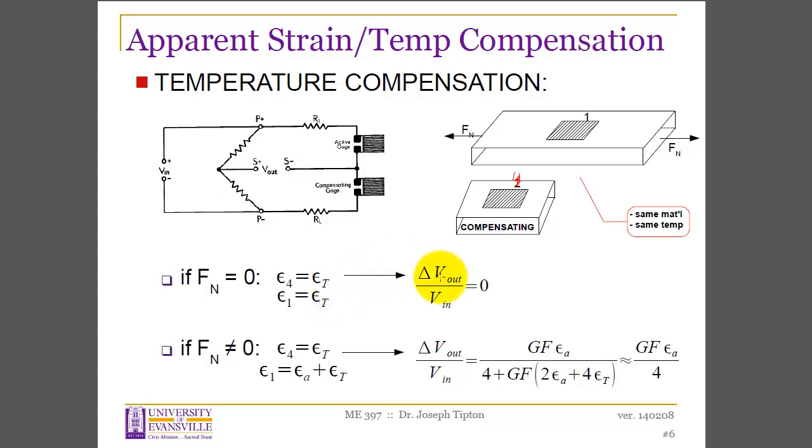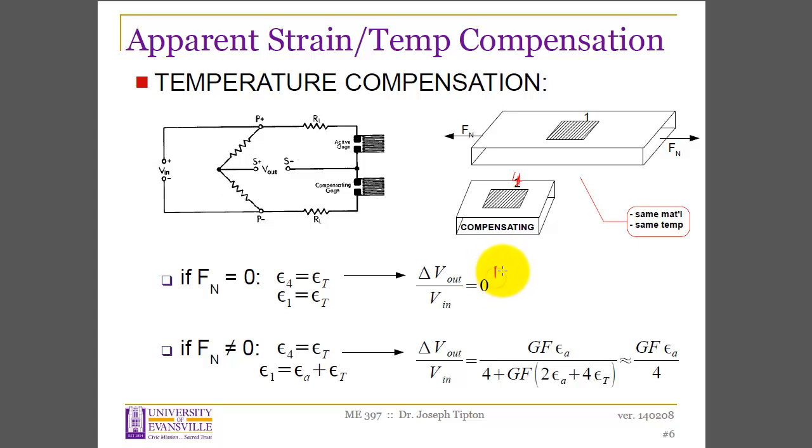In that situation, it turns out the voltage output is 0. Now, how did I get there? So you can look at the previous couple slides here, and I can write out this equation, and hopefully we can understand how we got to this situation.